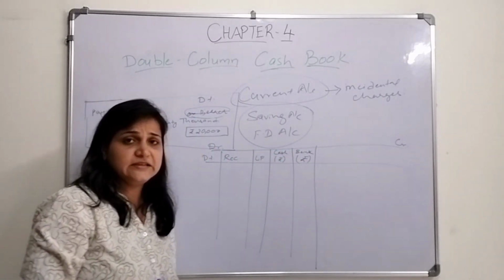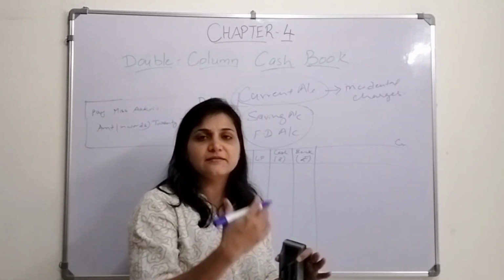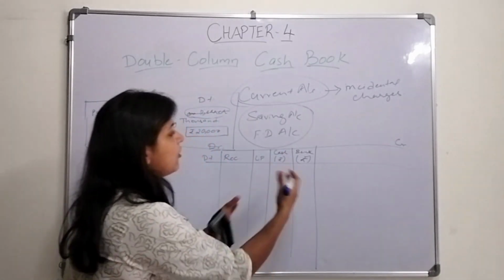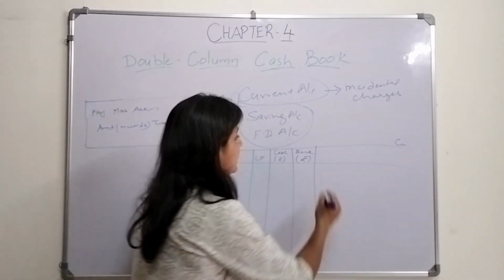It becomes easy to see which transactions are happening in the bank, what the bank balance is, and how much it is moving, if we record it that way. When we record it like that, it becomes a double column cash book, right?